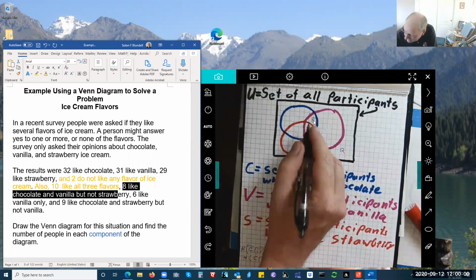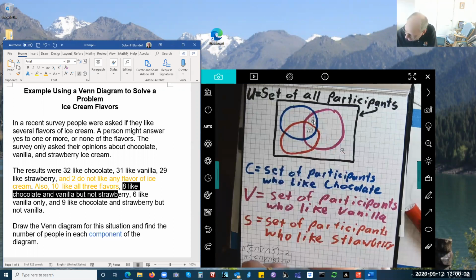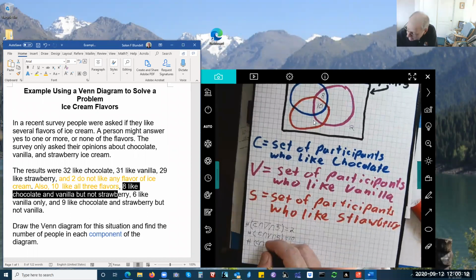And then this 8 here, that's the overlap, the intersection between the chocolate and vanilla fans, intersected with the complement of the strawberry fans.